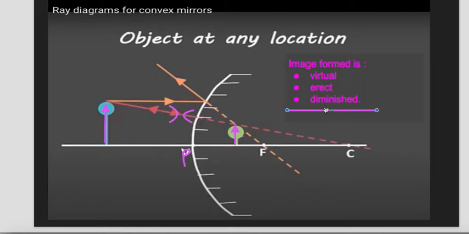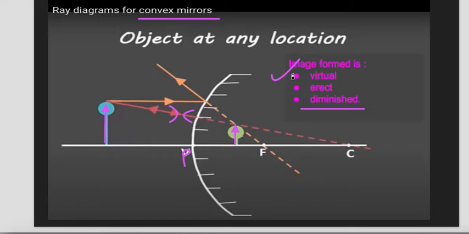Remember students, never get confused with the ray diagram, because in the exam we just give you this: name the mirror which forms a virtual, erect and magnified image. Be very clear, when the word magnified is used, it is a concave mirror. But when a virtual, erect and diminished image is formed, then we are always talking about a convex mirror.